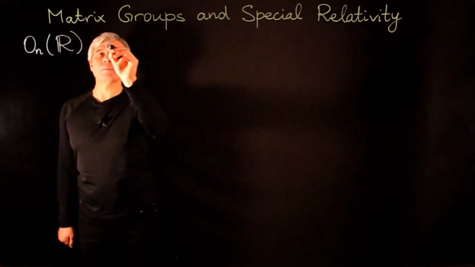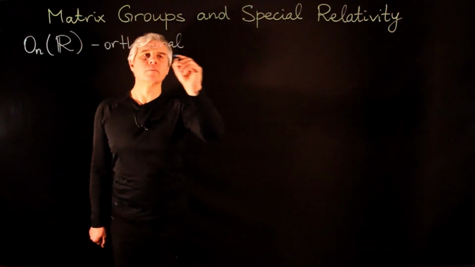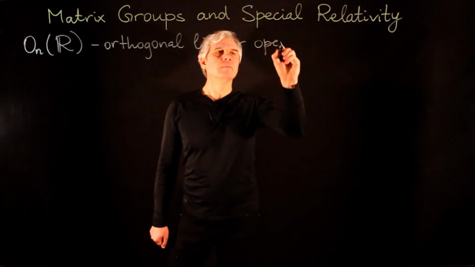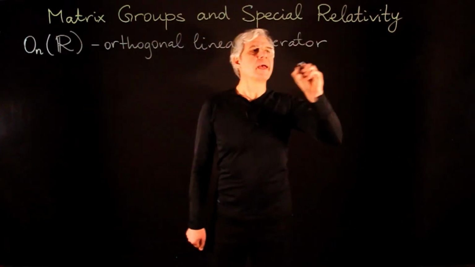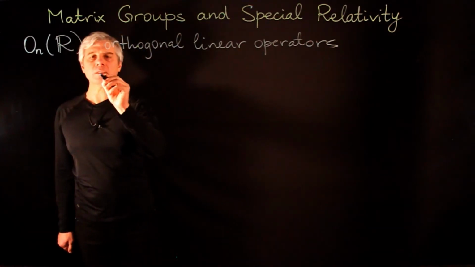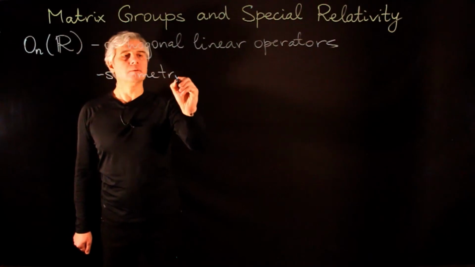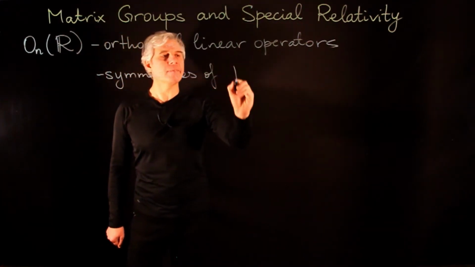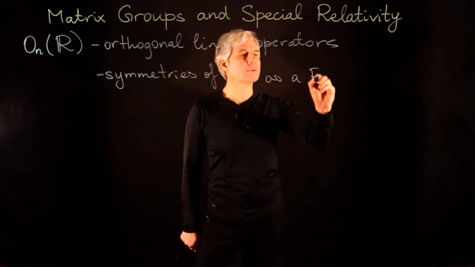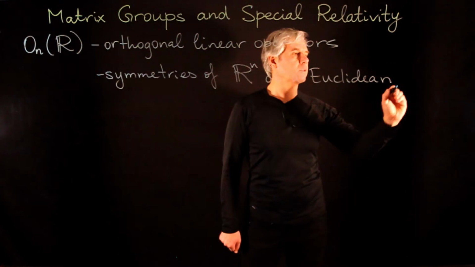So these are orthogonal linear operators. And in terms of symmetry, these are symmetries of R^n as a Euclidean vector space.